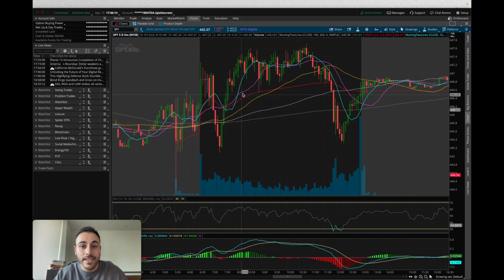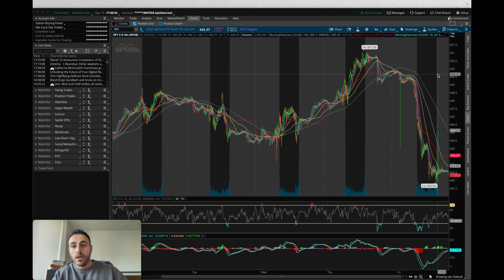You rode it up and you didn't exit till it broke below, which is right here. So you got in right around 446, you got out at 447, and if you know anything about short-term options, you know that is one heck of a gain just with that dollar move on SPY.